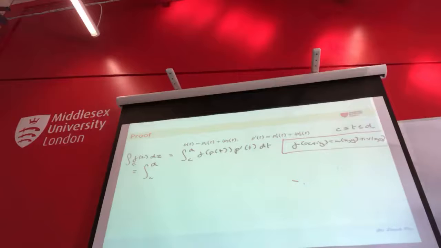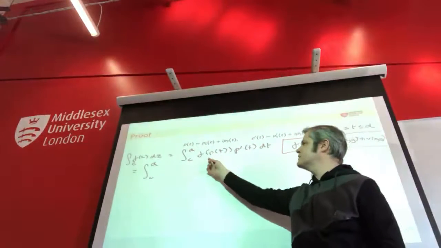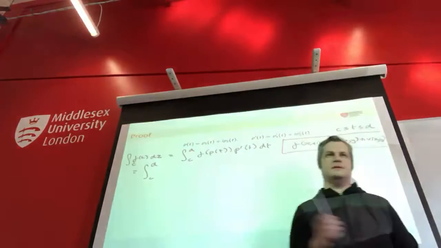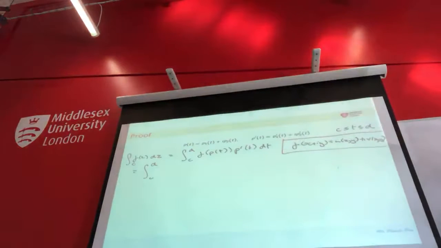Okay, so if you look at the way I've written p of t, I've written it as p1 plus i times p2. So the real part is p1 and the imaginary part is p2.